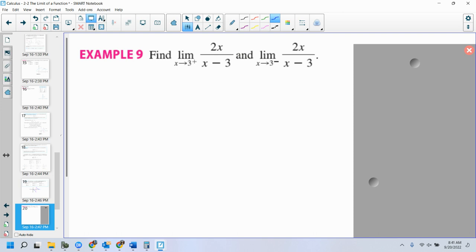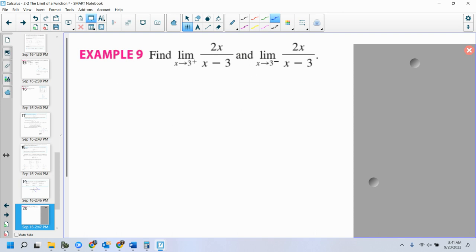Where the denominator equals 0, unless it had been canceled out, which would make a hole. But do we know how the function is going to behave around it? No, we don't know that.